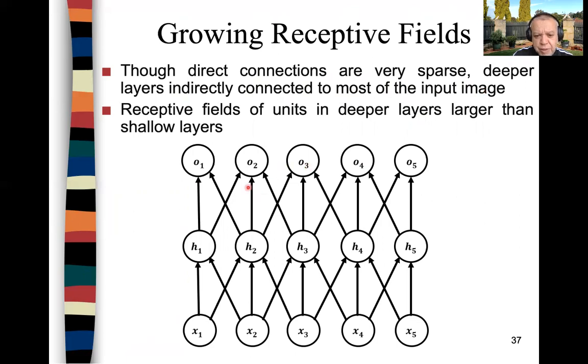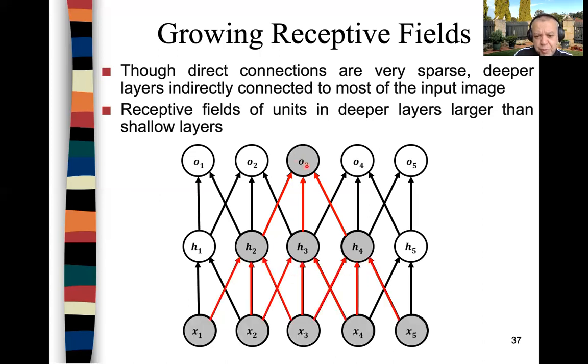So for example, let's say you have your input layer, your hidden layer, and your output layer, and you look at this output here. You have sparse connections, true, because you're connected only to this kernel here, but then each of the hidden units is connected to the other ones.